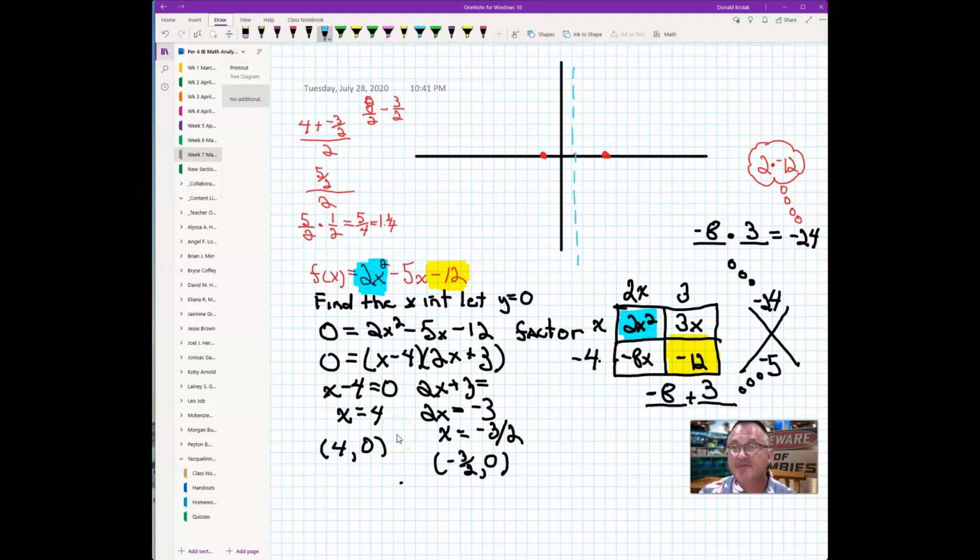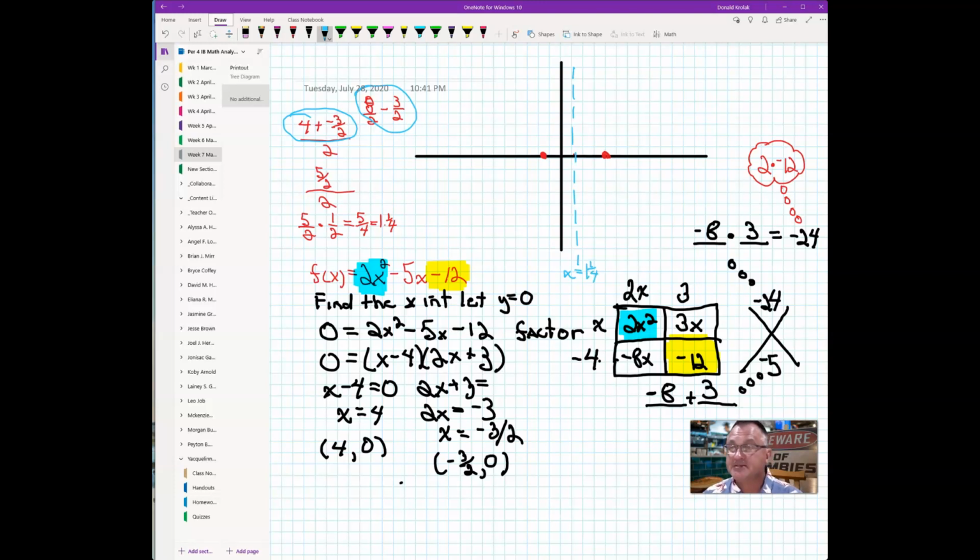Again, this is just a sketch, so it doesn't have to be super accurate, but I took 4 plus negative 3 halves, added them up, and divided that by 2. 4 minus 3 halves is 5 halves. 5 halves divided by 2 is 5/4, which is 1 1/4. So this is the line at x equals 1 1/4.